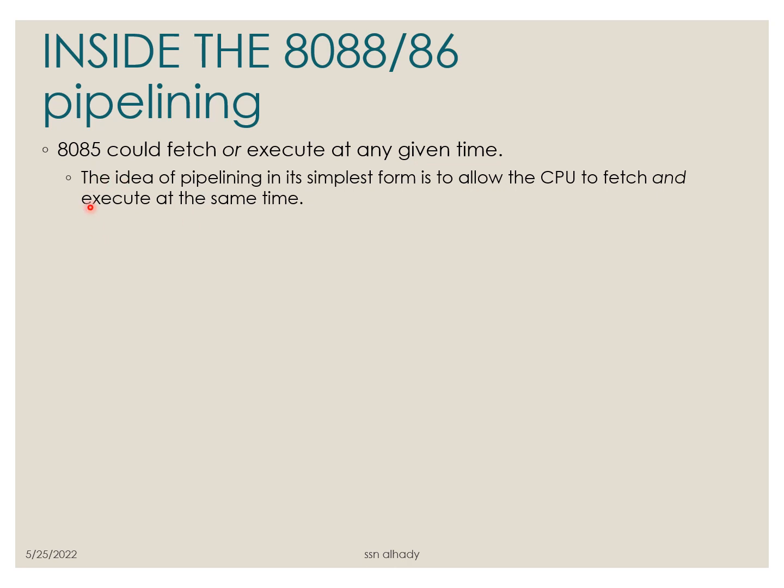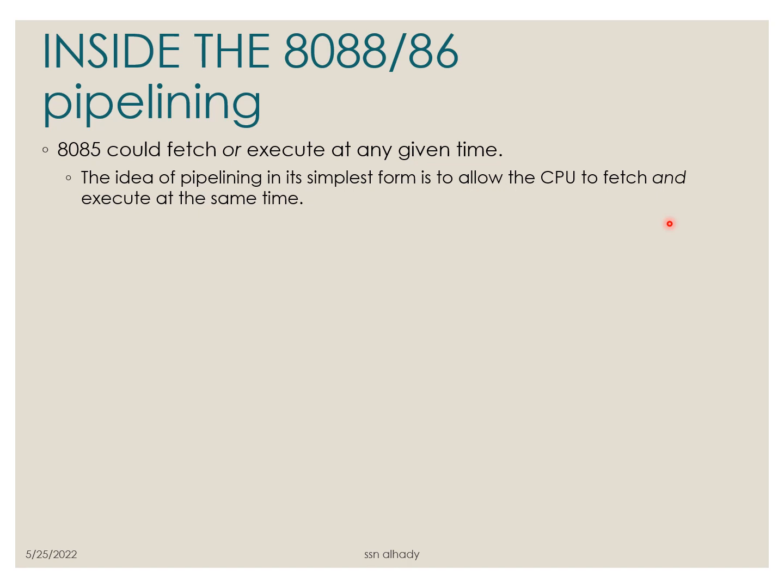So the improvement made over the 8085 is the idea of pipeline. In the simplest form, it allows the CPU to do the fetching and execution at the same time.